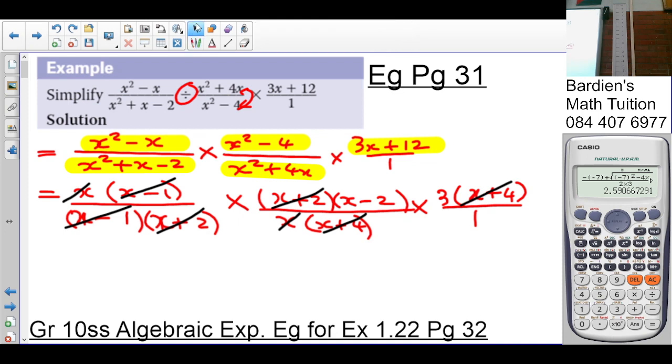We are left with x minus 2 and 3. That's all we are left with, not so? And that is all over 1. So it's going to be 3 into x minus 2, or 3x minus 6, if you want to get rid of the brackets.